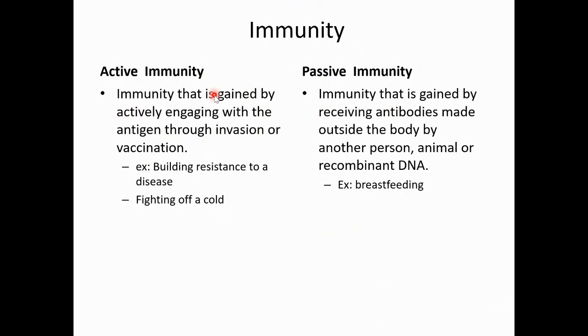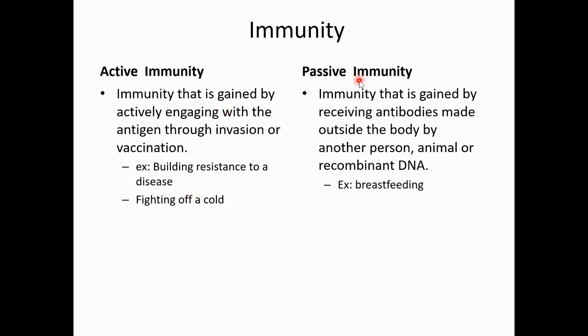Active immunity is immunity gained by actively engaging with the antigen through invasion or a vaccination. For example, you get a disease and you build a resistance to it. Your immune system comes to help, and then you build resistance. You have memory cells in there, so you don't get it again.